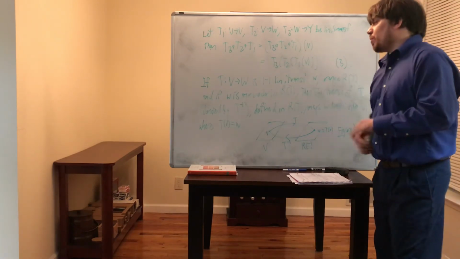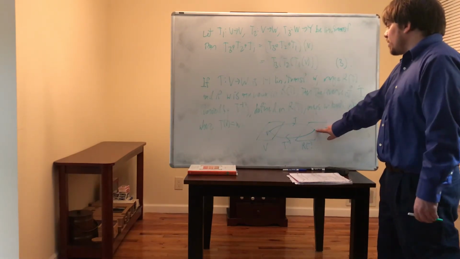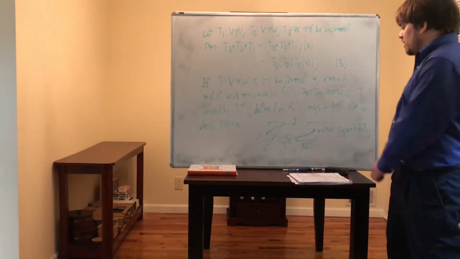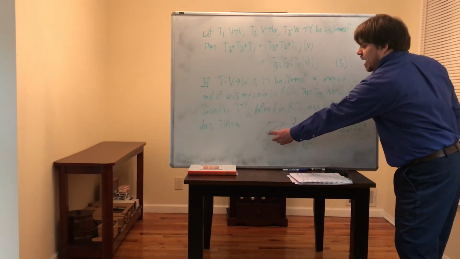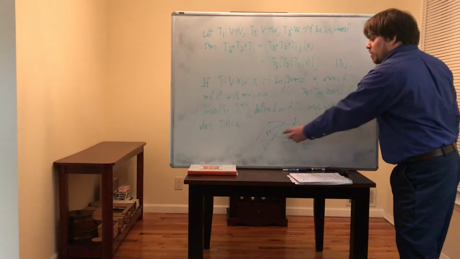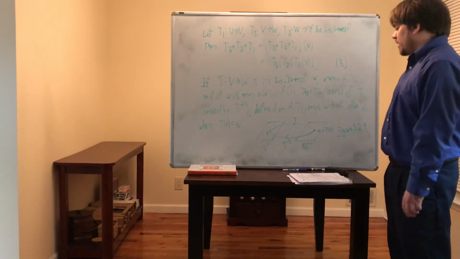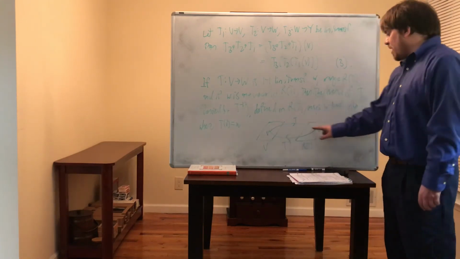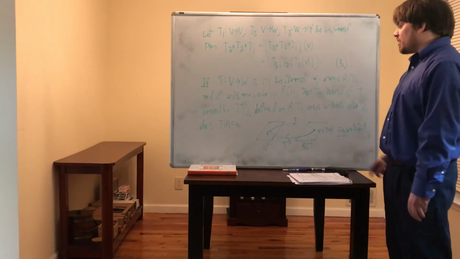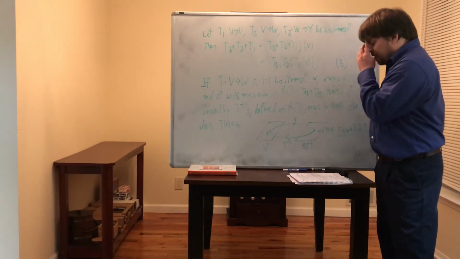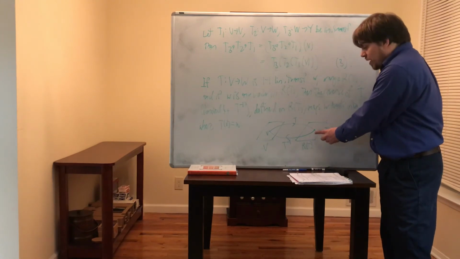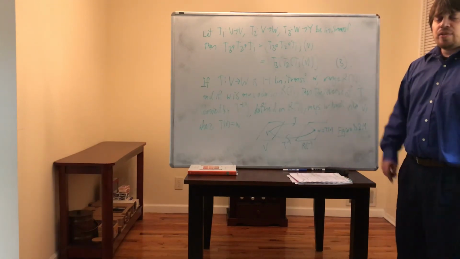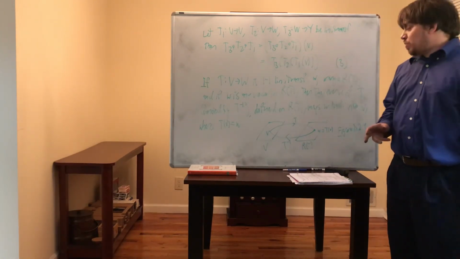So if w is any vector in the range of T, then w being a vector in the range of T means it's the image of something in capital V. That means that T of v is equal to w for some little v in capital V. So T inverse is defined as the function that will take that w in the range of T and map it to the vector v such that T of v is equal to w. It'll just undo what T did.